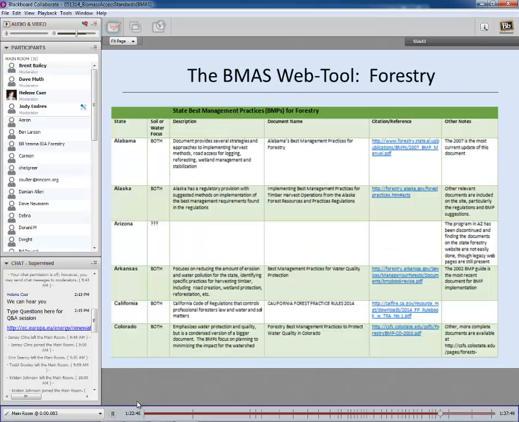Skip that. I want to just say a few words about forestry. I know we have some of our collaborators here at the table, of which I'm very grateful for their expertise and time that they've spent on this project, where we've discussed how, as a BMAS standard, we don't want to reinvent the wheel.